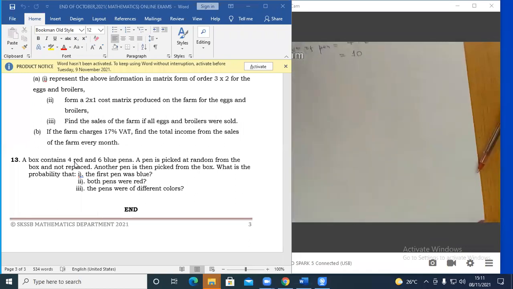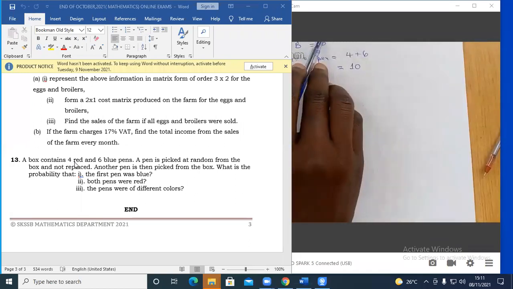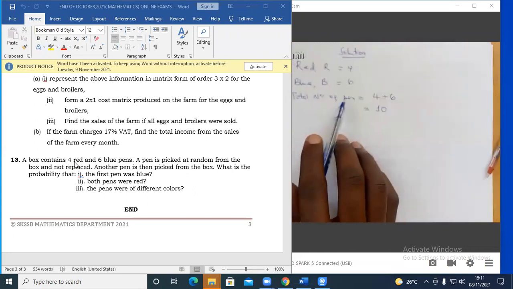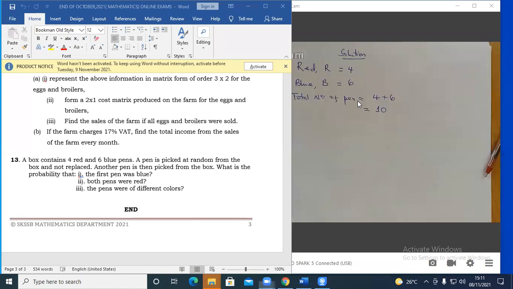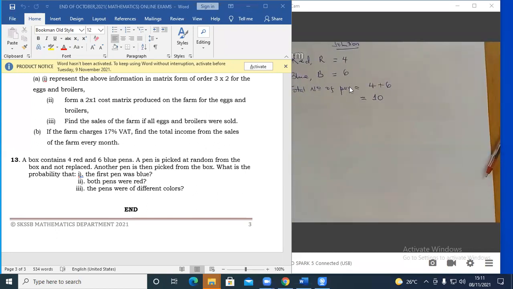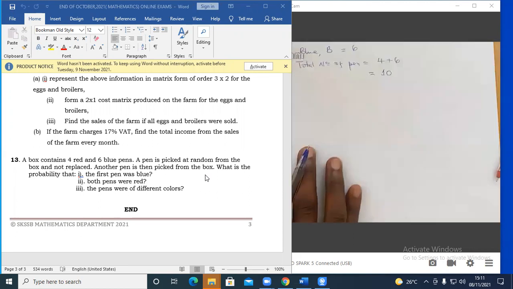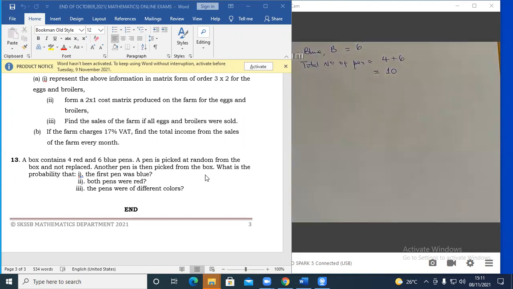But in this box, we have 4 red pens and 6 blue pens. Now they've said one pen is picked after the other. Another pen is picked at random from the box again. So how many pickings were there? There were two pickings.